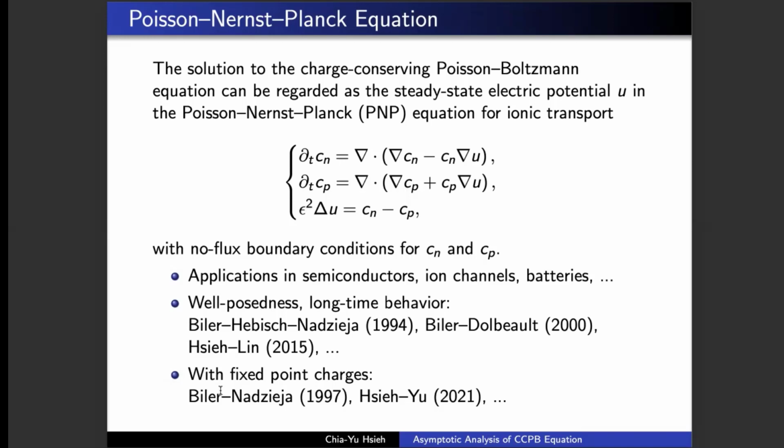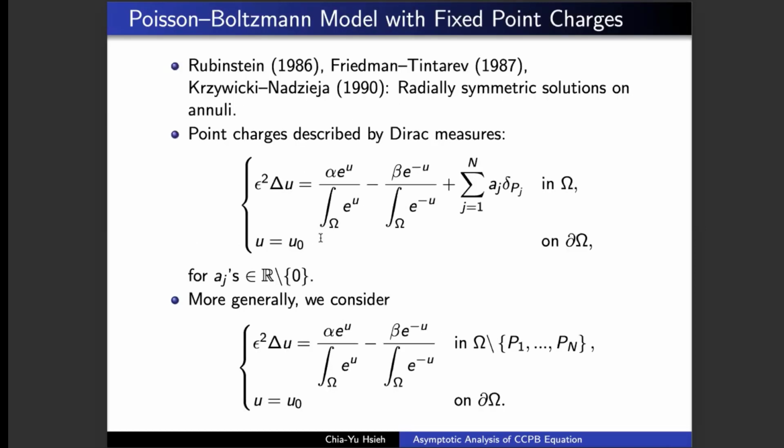In this case, the problem was studied by Biler and Najera, who considered a simpler case with only one species of ions and one fixed point charge. And recently, myself and Yongyu studied this problem in a more general setting with two species of ions and multiple fixed point charges.